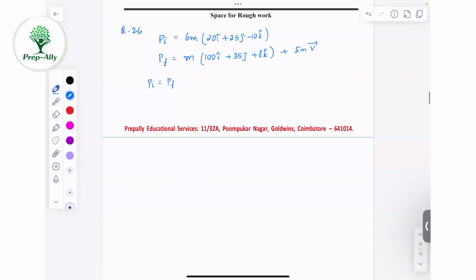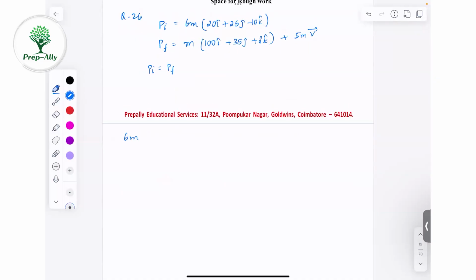So let us substitute them. So 6m into 20 I cap plus 25 j cap minus 12 k cap is equal to m into 100 I cap plus 35 j cap plus 8 k cap plus 5m v bar. Now this m can get cancelled.